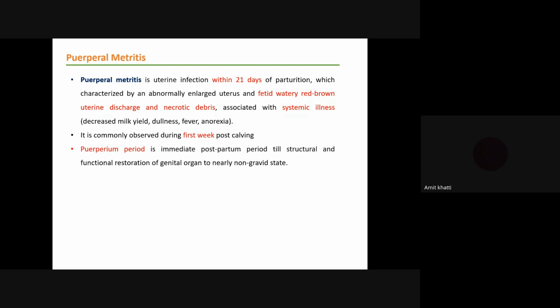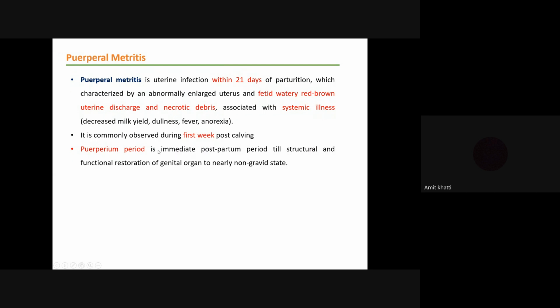So the first category of uterine infection is puerperal metritis. What is puerperal metritis? Generally, it is a kind of uterine infection involving all the layers of the uterus: perimetrium, myometrium, and endometrium. It is encountered during the puerperium period. One should be aware of what the puerperium period is.